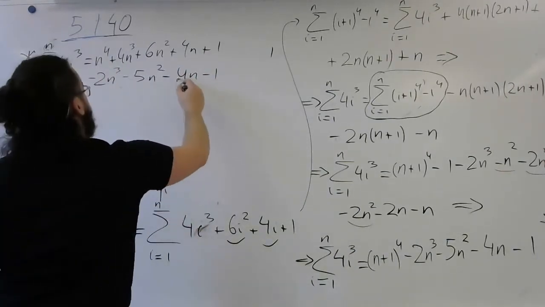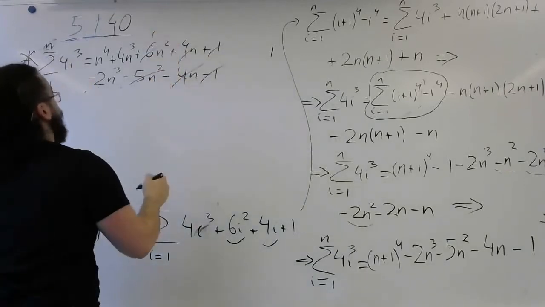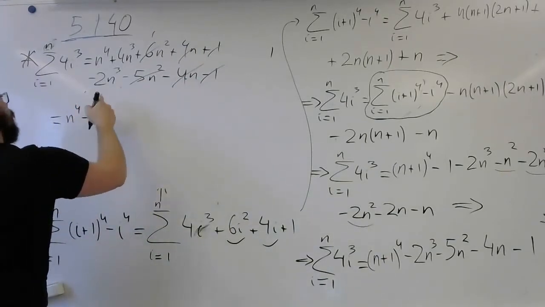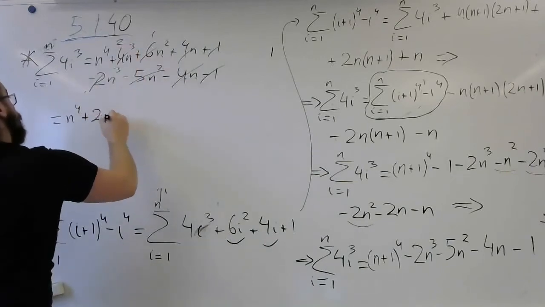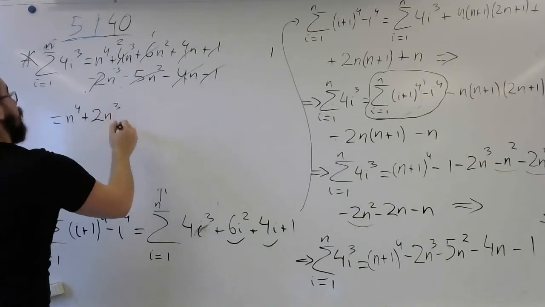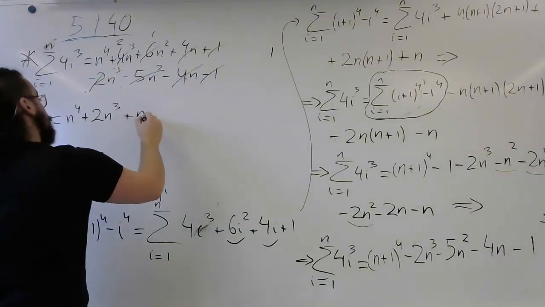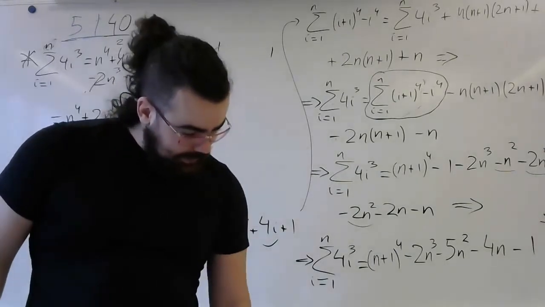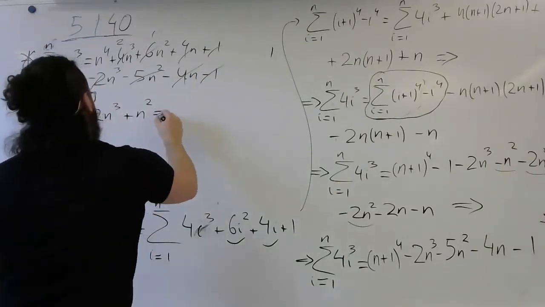So we can start canceling things here. This cancels here, this cancels here, this cancels with this, it becomes a 1. So this is n fourth plus 2n cubed plus n squared. And now is when the magic begins.